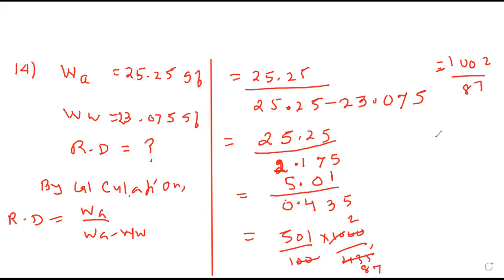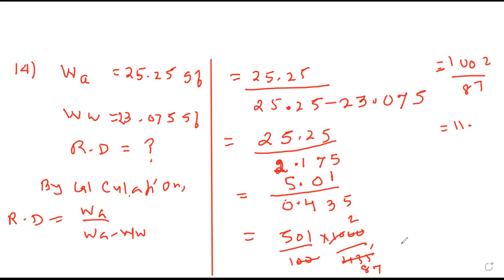It is coming 11.51. It came around 11.51? No, no, 11.60. It is 11.60, I'm getting 11.609 something going further. I'm doing it on the calculator. I'm getting 1002 divided by 87, 11.51 it is showing in my calculator.